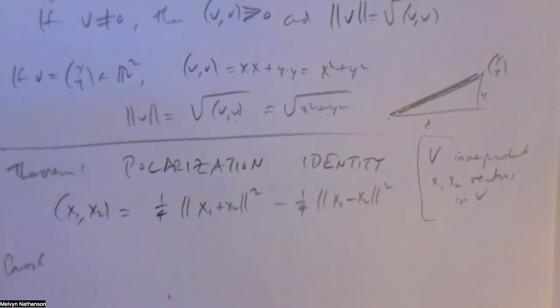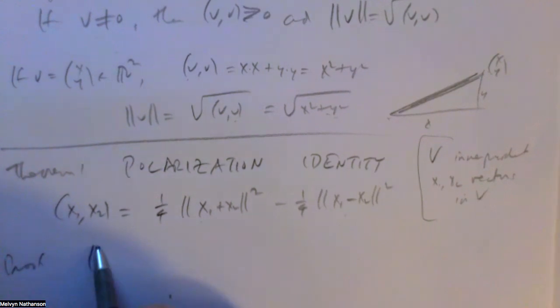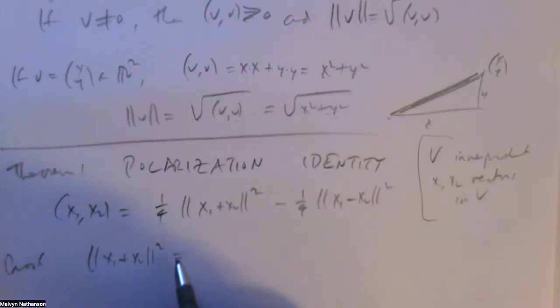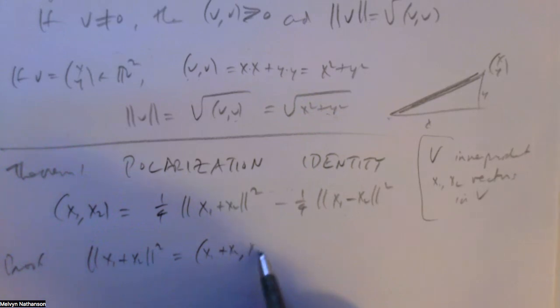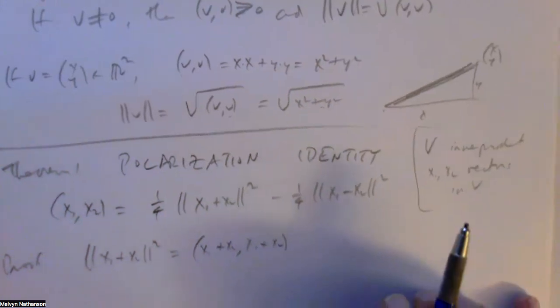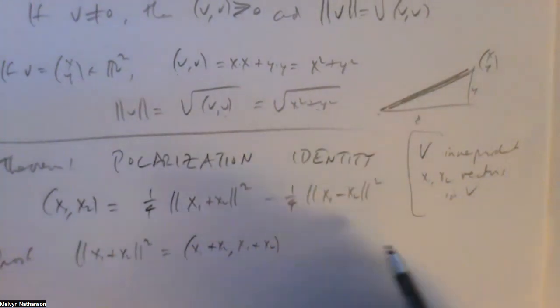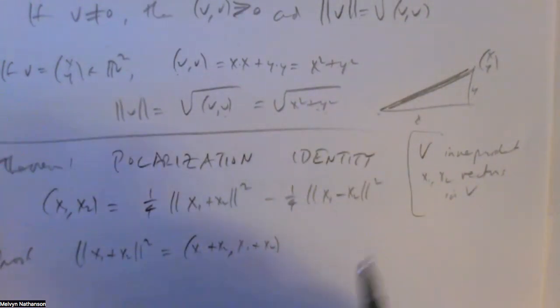So let's see. What is the proof of this? So the length of x1 plus x2 squared is just the inner product of x1 plus x2 with itself. So we can expand this using the bilinearity.